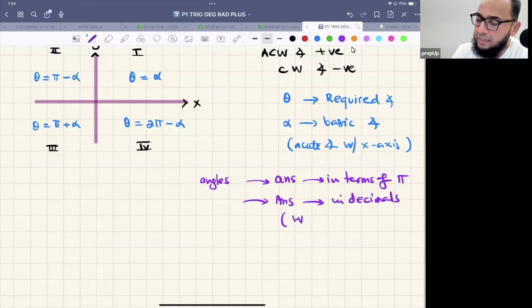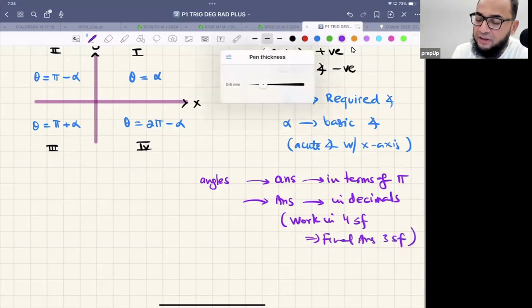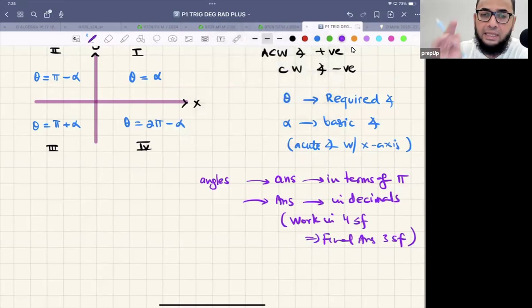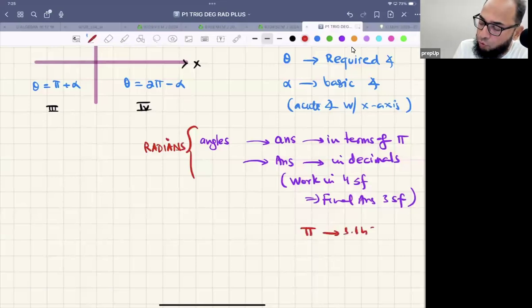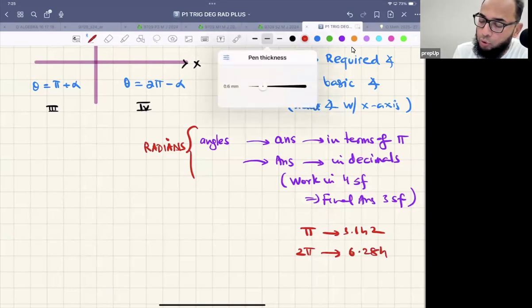Therefore, and I put a lot of emphasis on this, work in 4 significant figures so that the final answer is in 3 SF. If you pay a lot of emphasis on this, that will ensure that in the exam you won't make any mistake. So this is all about angles in radians. Pi is 3.142 and 2 pi is 6.284.